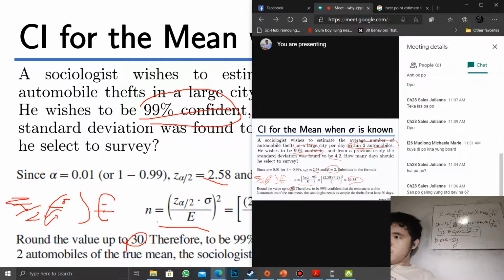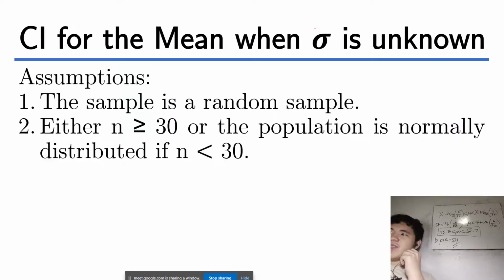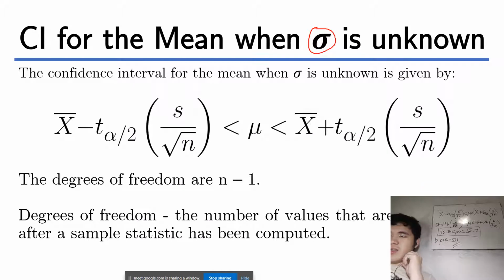Okay, sige. Next. Ngayon, there are cases na hindi natin alam yung sigma. So, paano yon? Ang tawag doon, T-score, T-distribution na.